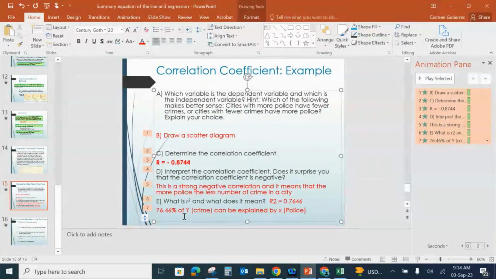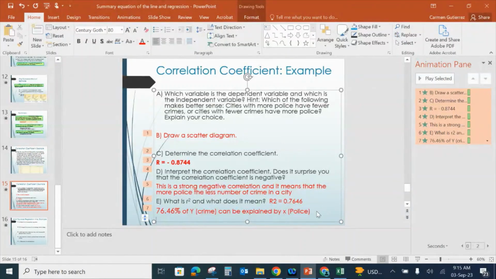Okay, now 76%, this is not 100. So out of the 100%, 76% of the crime can be explained by the police. So I also get to say how much is not explained by the police, okay?